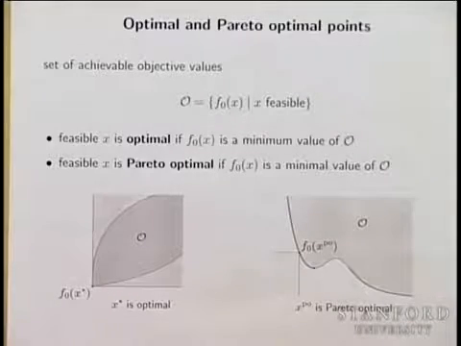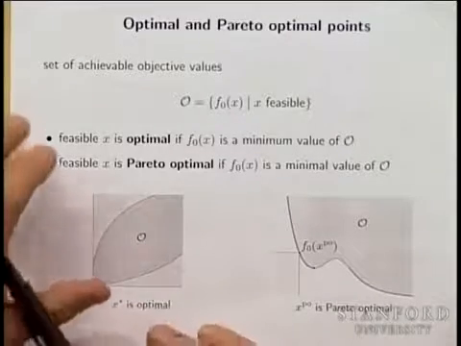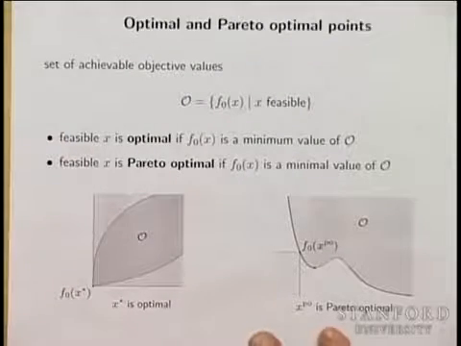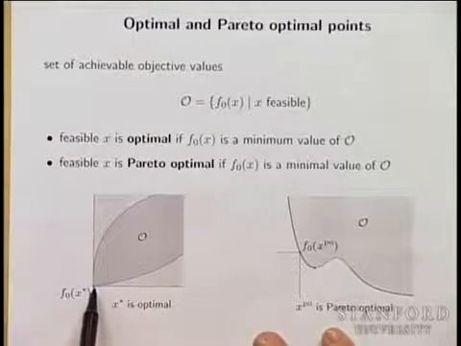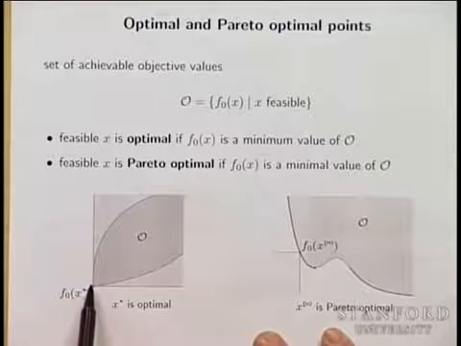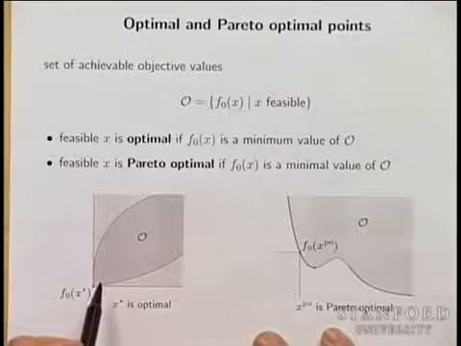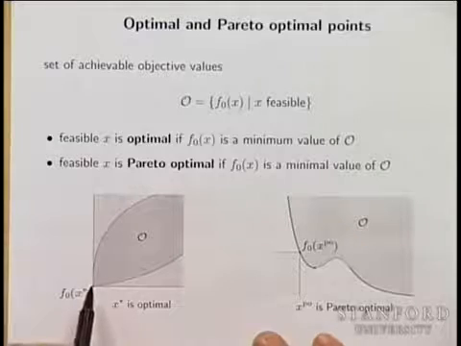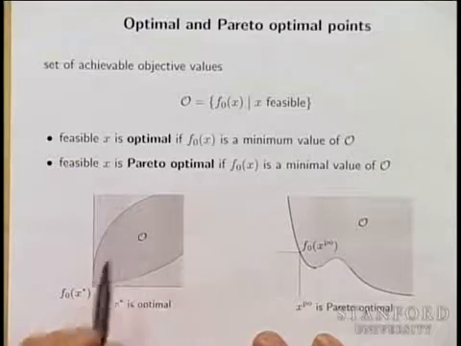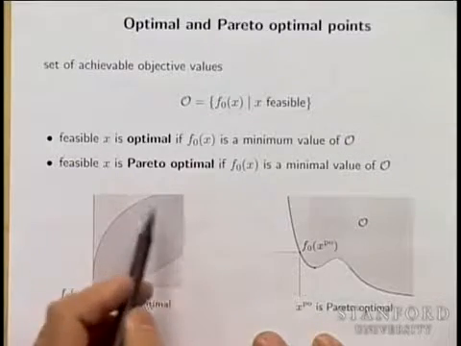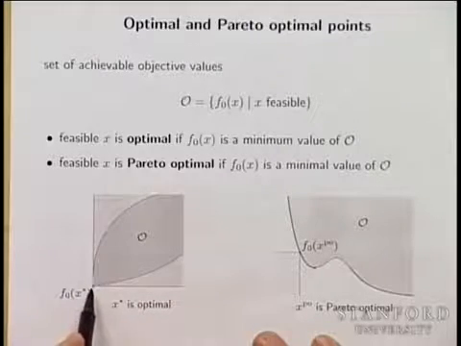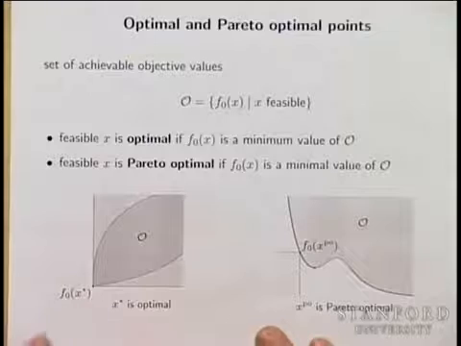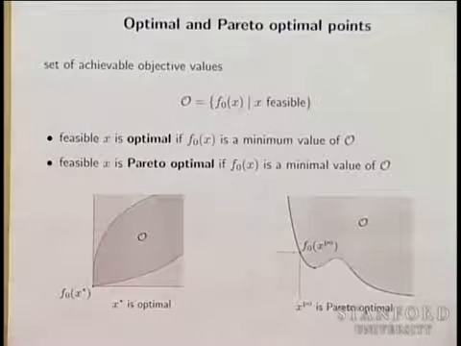Now these are, you probably don't remember these from long ago. But the ideas are this. A minimum point of a set is one where every other point in the set is comparable to it and larger. That's what a minimum is. So this is a minimum point. If this is the set of achievable objectives, this is a minimum point. So here you'd say that this is the only case essentially when you can say unambiguously this point is optimal.